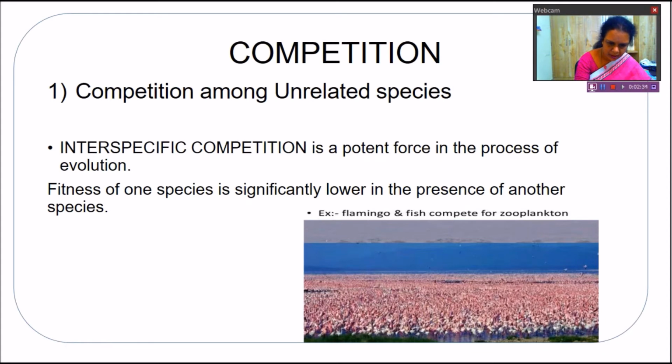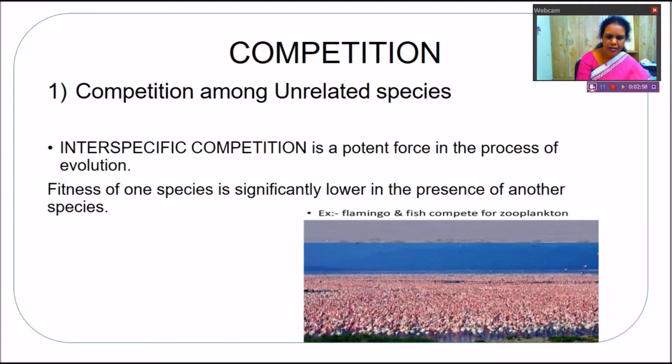This is the South American lake. These are the shallow places of the lake where flamingos, that is the birds, and fishes are competing for the food. They belong to different species, but there is competition. There is abundant food, that means resources are not limited, but there is competition.